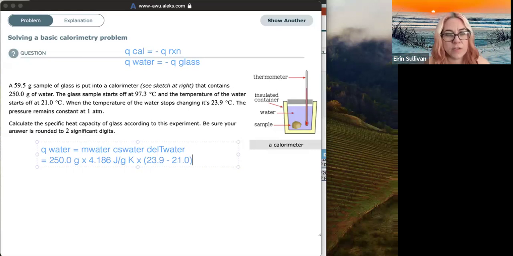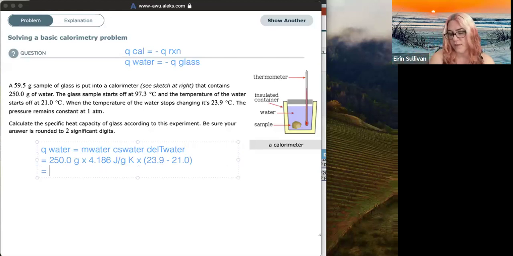So delta T should be positive, so Q for the water is going to be a positive number. That makes sense because the water has absorbed heat. Where's it absorbed it from? It's absorbed it from the glass. So Q for the glass is going to be the same numerical value of Q, but with a negative sign.